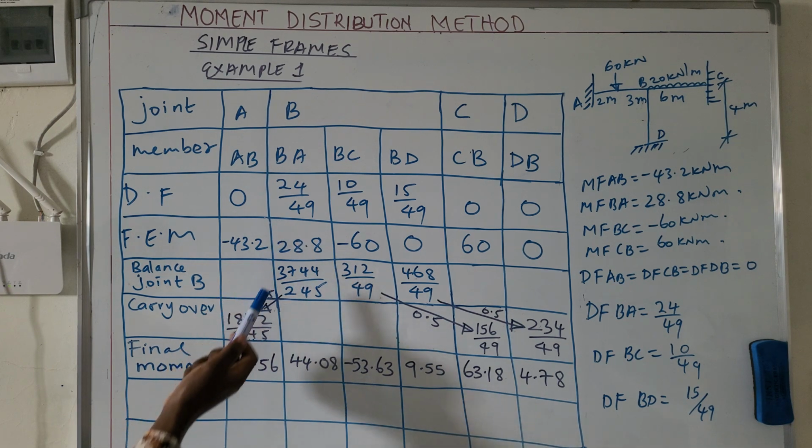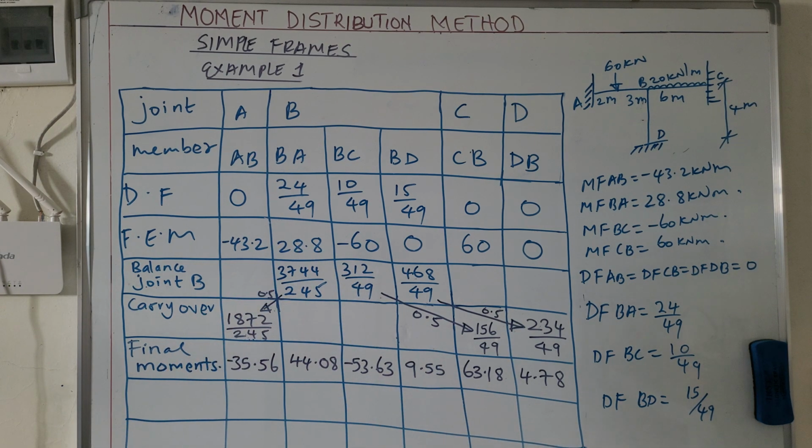Again, you come to this one. You take 28.8 plus that 7.44 over 2.45. So the answer is this one.